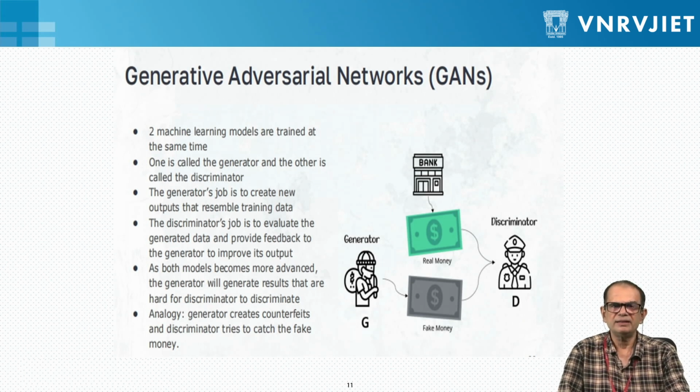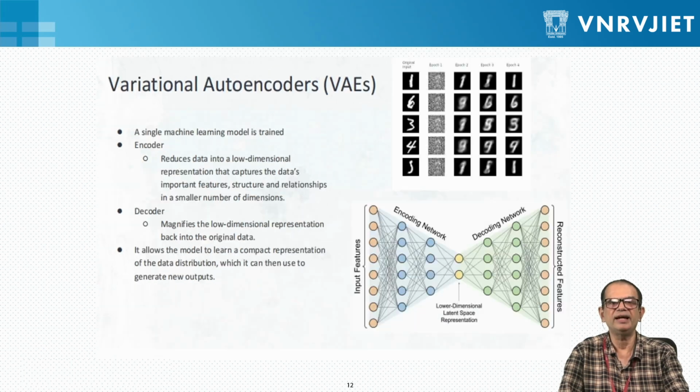As the name suggests, on one side we are going to generate new images, text, or speech, and we have a discriminator here. The discriminator is going to discriminate the real image from the fake image. So that is the GAN architecture that we'll be using in case of generative AI.